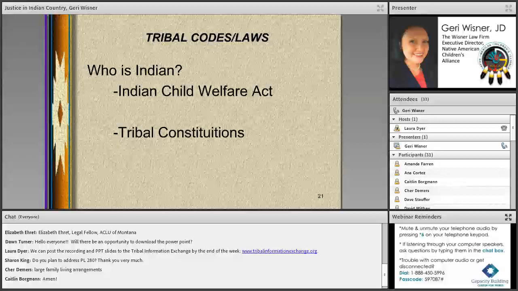Now, there are several tribes, like the Navajo Nation, the Diné Nation, that have a 50% blood quantum. This is where this comes into play. The tribe will set their own blood quantum, and it will be enumerated within their tribal constitution. The Kiowa Nation, who are in Oklahoma, at one time their blood quantum was 1/2.